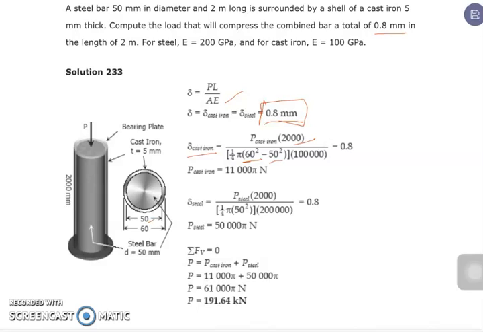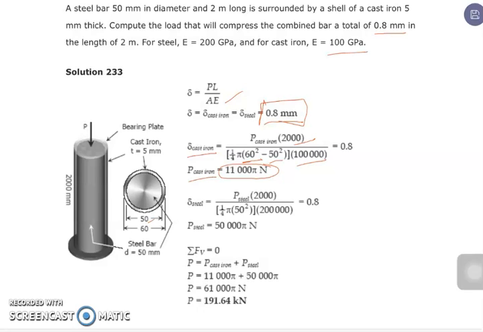Then multiply this by the E for the cast iron, which is given as 100 gigapascal, or that is 100,000. If we simplify this, we have the value for our force on the cast iron, and that is equal to 11,000 pi Newton. So we have now our value for the cast iron.